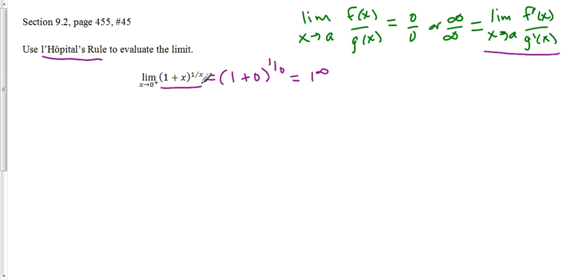Because we have this x in the exponent, we're probably going to want to try that trick of applying the natural log and then raising everything to the e power later on.